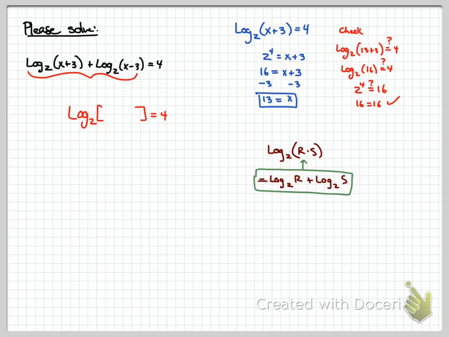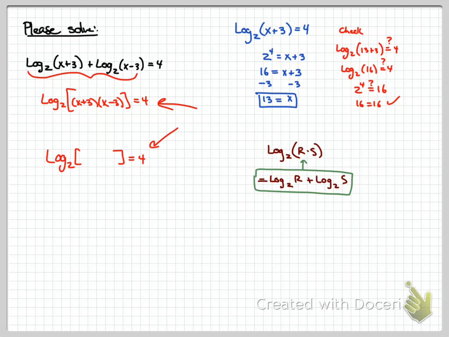So in our example up here, we can rewrite this expression as log base 2 of this quantity times this quantity. This is kind of like your r and your s from down here. So we can write this as log base 2 of x plus 3 times x minus 3 equals 4.